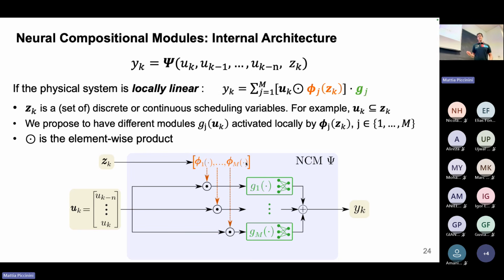And this symbol here is simply the element-wise product, because these are vectors. So here we take the element-wise product between phi1 and u, and here the element-wise product between phi2 and u.